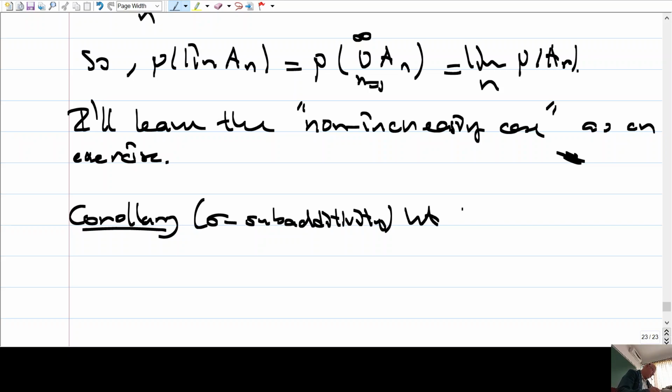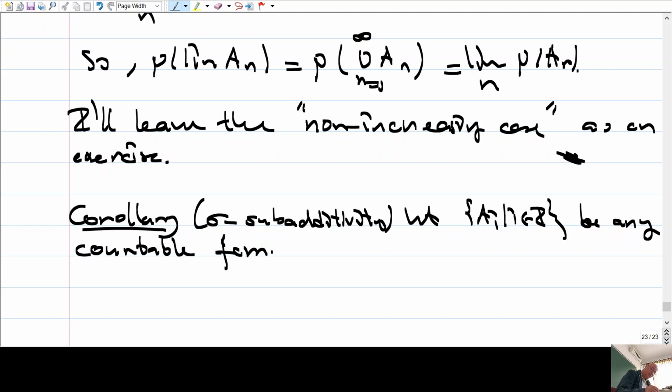Let AI, I in I, be any countable family of events in A, not necessarily an increasing sequence or decreasing sequence, okay?